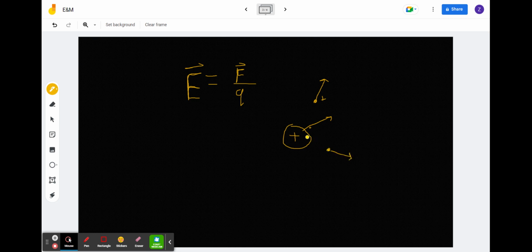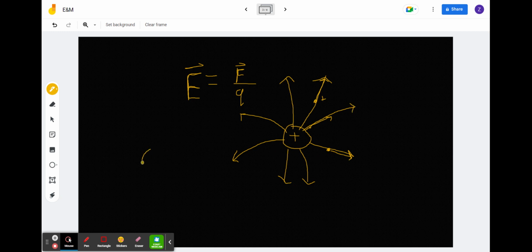And if we keep doing that, what we're going to end up with is something called electric field lines. And what it's saying is that if we place a positively charged particle next to this particle right here, it's going to go along the direction of the field lines. That's the direction that the force will take it in.